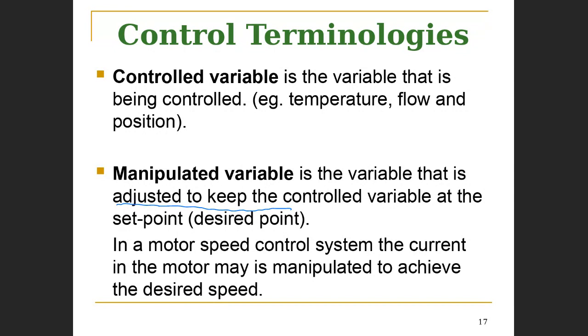Now, can somebody give an example of a control system? And in fact, I have one right here. I want to choose a different one. So let me explain that example here, where in a conveyor belt system, for example, the one I gave earlier in the presentation, if it is motor driven, we could adjust the speed of that belt by manipulating the current in the motor, which by extension would lead to an adjustment in the control variable.